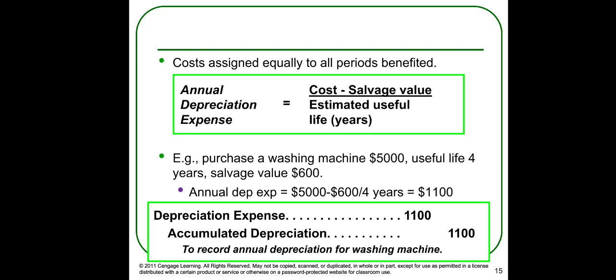Always remember, when you have to do the adjusting entry for depreciation, first you calculate the depreciation expense using the formula, and then you record the transaction in the general journal format. Debit depreciation expense, credit accumulated depreciation. The accumulated depreciation is specific for an asset. In this example, the asset is the washing machine.